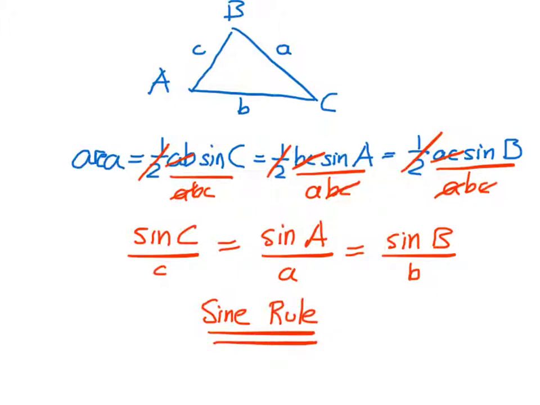Notice, if I know the length of one side and I know the opposite angle, and I know either another angle or another side, I can calculate the corresponding missing component. So in other words, if I know two sides and an angle, or two angles and a side of any triangle, not just a right triangle, I can find at least one of the missing sides or missing angles.